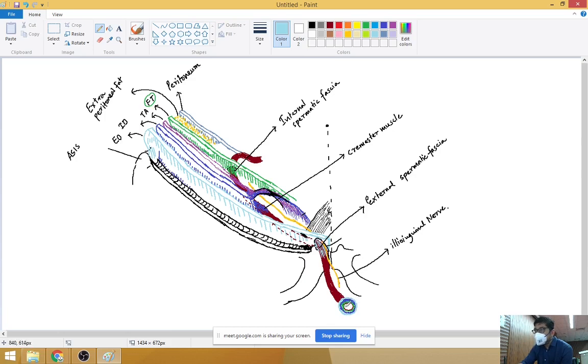The green one is the internal spermatic fascia derived from the fascia transversalis. The blue one is derived from the internal oblique, and that is the cremasteric muscle. The light blue one is the external spermatic fascia derived from the external oblique. It's like if you insert a finger through a polythene, you are taking the layers along with it. So this is how the different layers of the spermatic cord are formed.